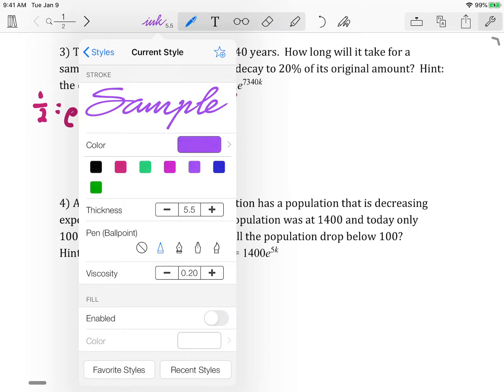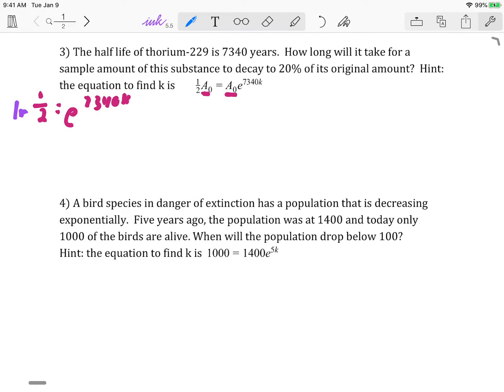So when I take the natural log, again, e is gone. So I have the natural log of a half equals 7,340k, and now I want k by itself. So k is equal to the natural log of a half over 7,340. All right, well, now I know k.